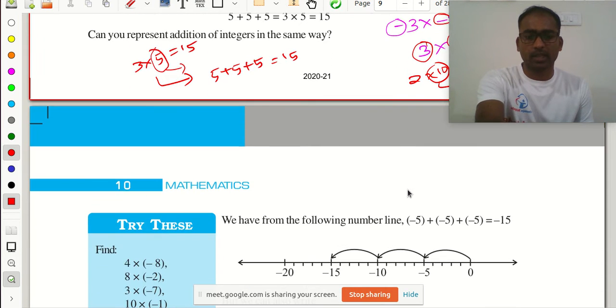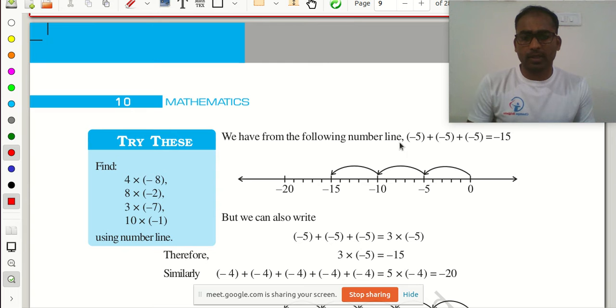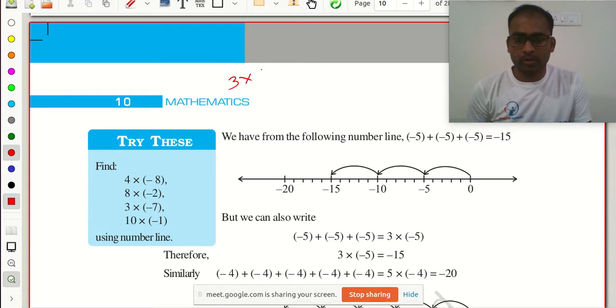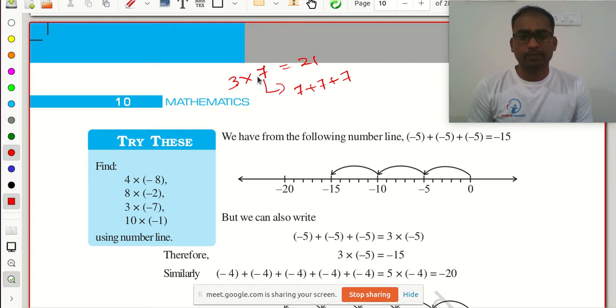Now I will take another example. Suppose 3 into 7. 3 into 7 is 21. So how is it coming? I need to add this 7 three times: 7 plus 7 plus 7. Clear?